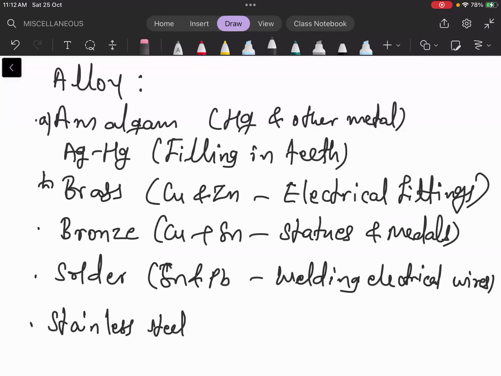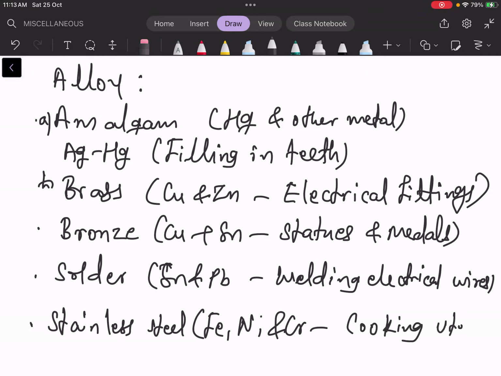It is an alloy of iron, nickel, and chromium, and it is used for making cooking utensils.